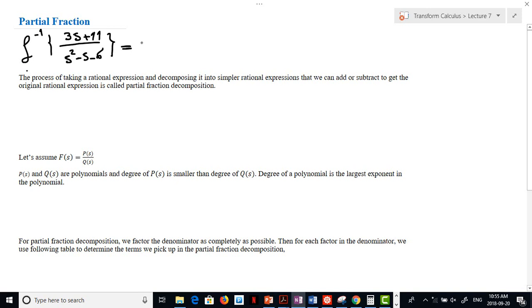As a result, we said if you want to solve it, we have to decompose it. So at first we factored the denominator, so we had (s minus 3) times (s plus 2). The numerator is the same.